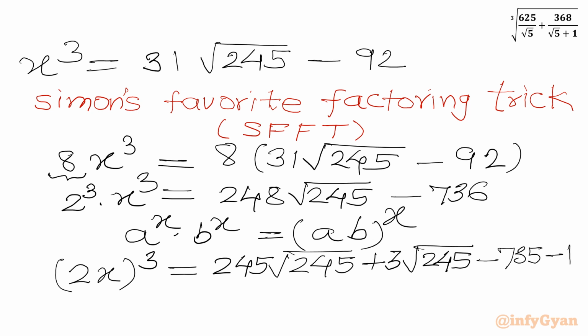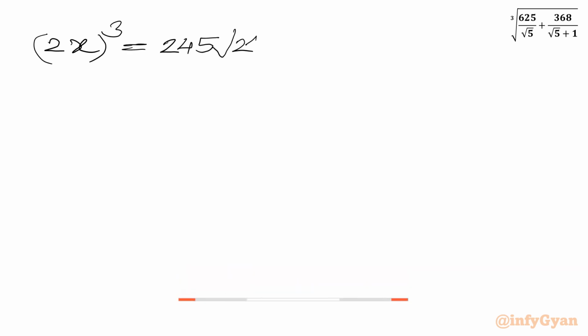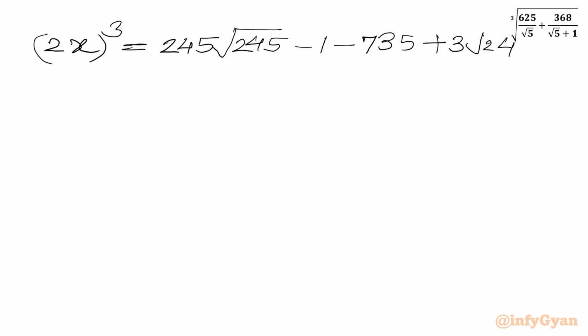Now we will rearrange our RHS. So I can write 2x whole cube will be equal to square root 245 whole cube, then minus 1, then minus 735, and then the remaining 3 square root 245. Now square root 245 cubed we can write as square root 245 whole cube.